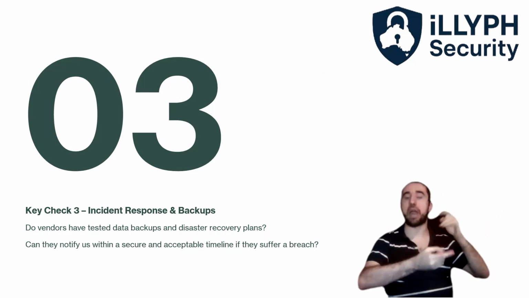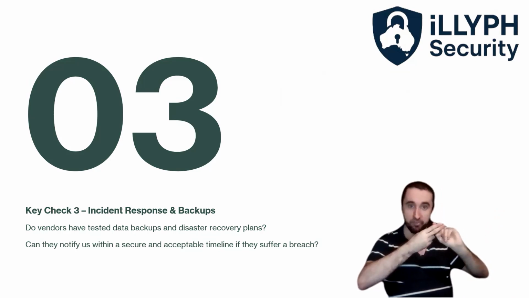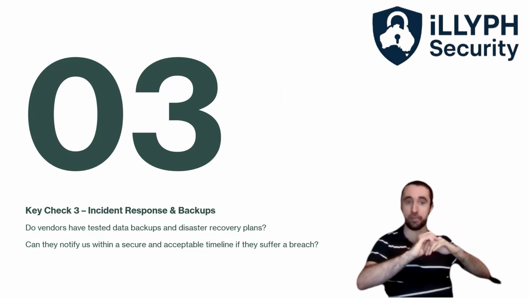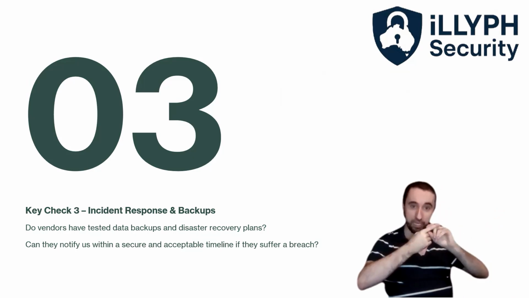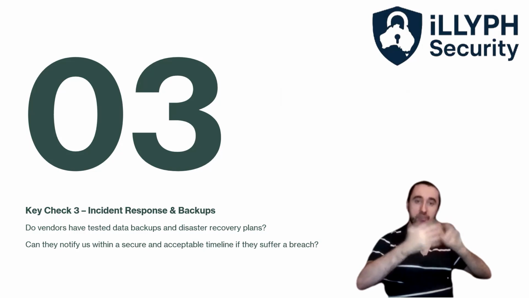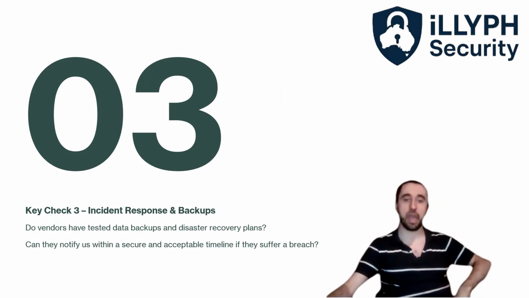This means that they should have clean, tested backups and a documented incident response process. Just as importantly, they must notify us immediately if an incident could affect our data, our services, or our customers. And fast communication gives us time to contain risk and make informed decisions.